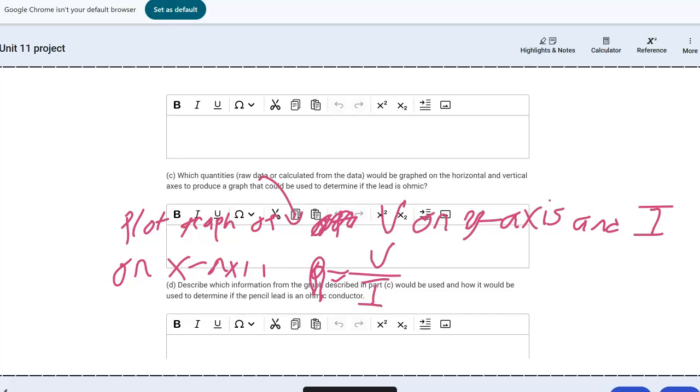So if this graph is linear, resistance is constant.